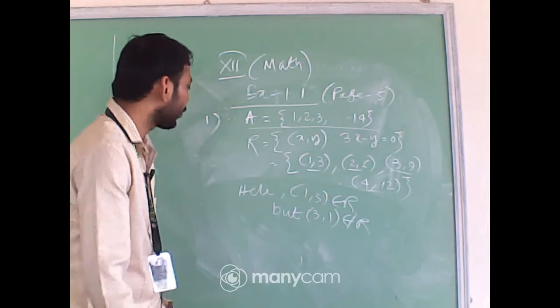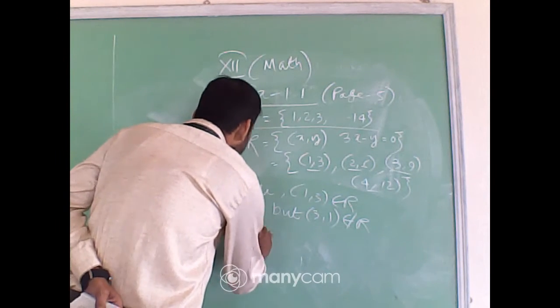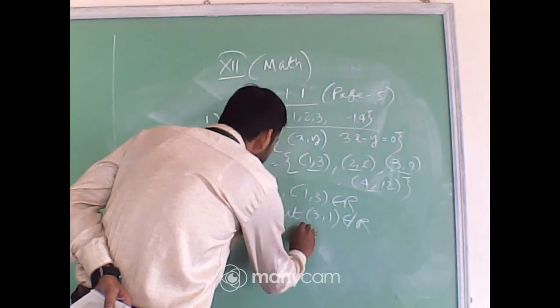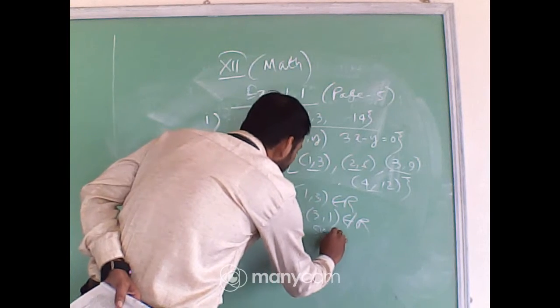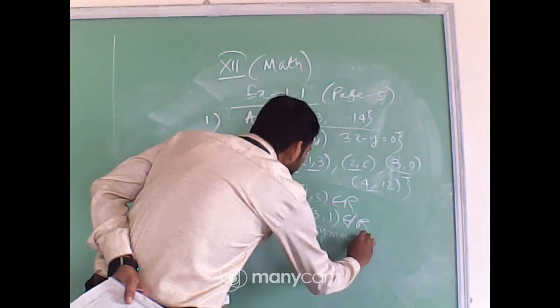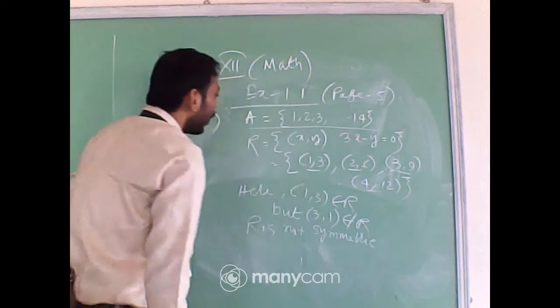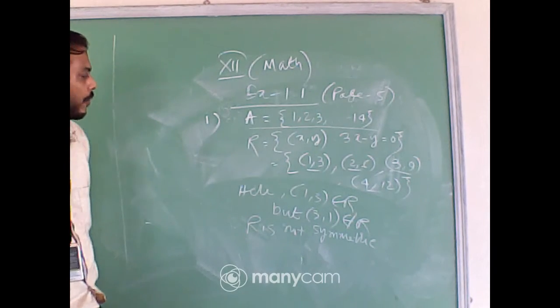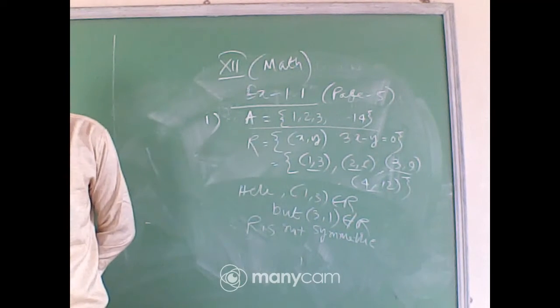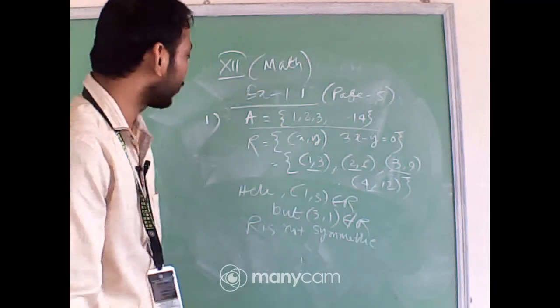Okay, so that's why R is not symmetric. Now we'll check the transitive property. Does it hold in R or not?